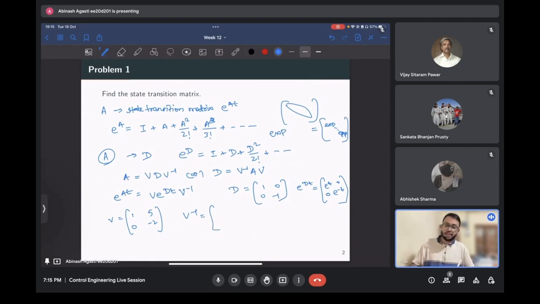Can someone help me with this? Finding the inverse. Just plug it into your calculators and give me the value. I'll wait for a few minutes.